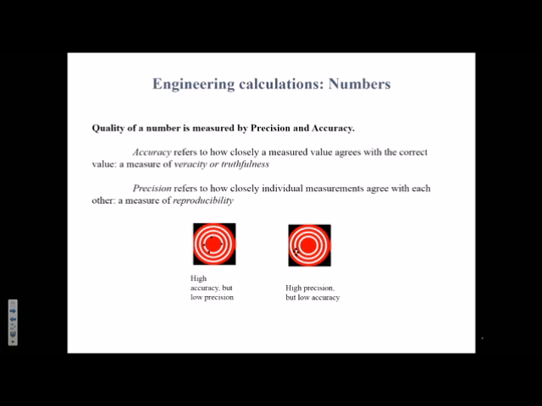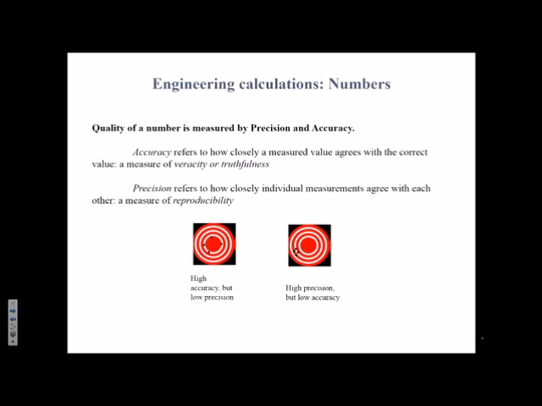Now, a lot of times in our day-to-day conversation, we actually mix these two terms, right? When somebody says, hey, my height is 5 feet 7.67 inches, am I being accurate or am I being precise? I'm being precise. Exactly.